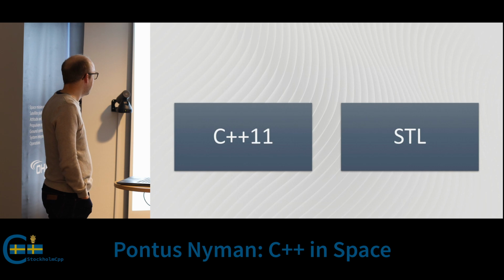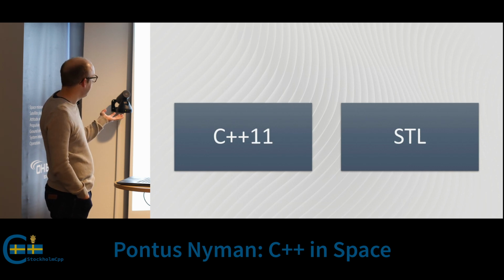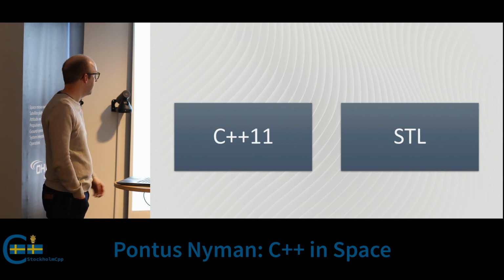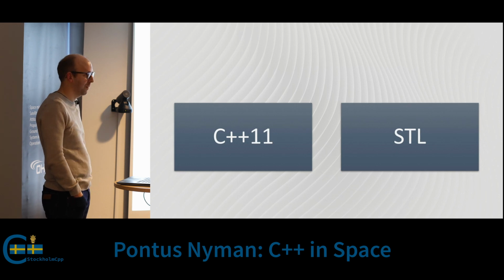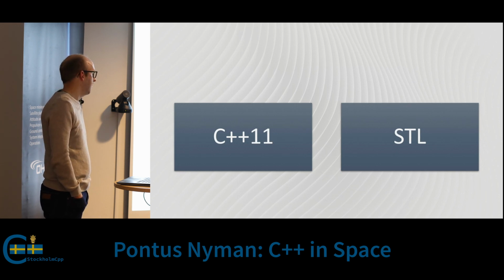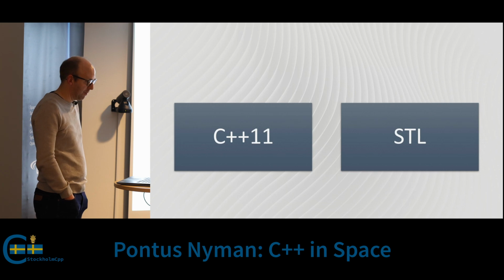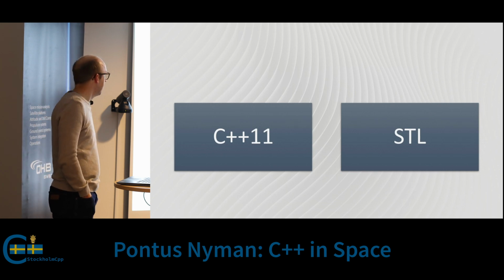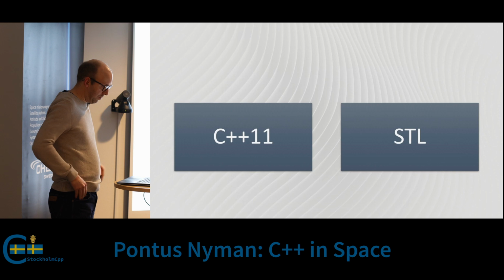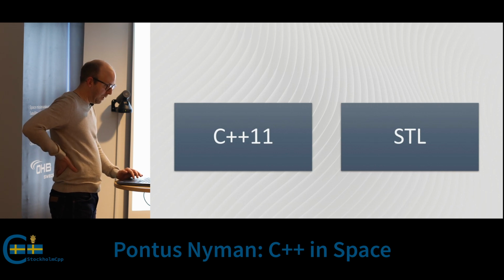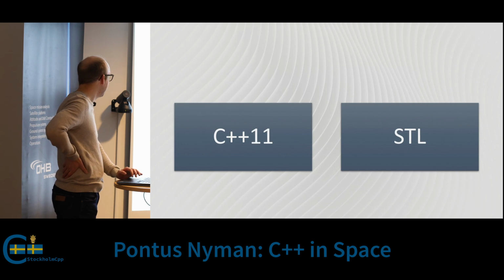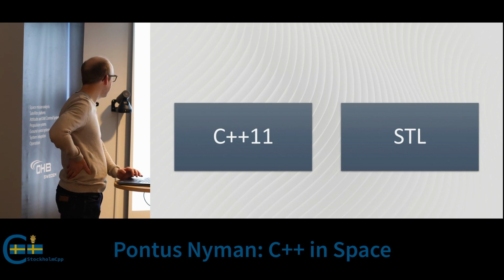But we decided we're going to use C++11, and we will have extensive use of the standard library, because it's pretty good. Let's face it, it's not the 90s anymore. So we've done that, and we kind of use everything in C++11. We really went all in on C++11.